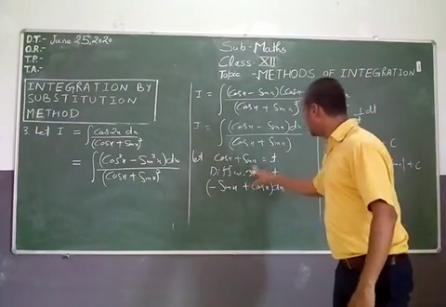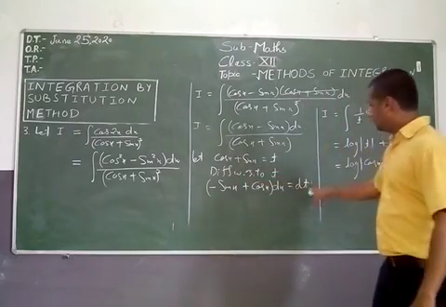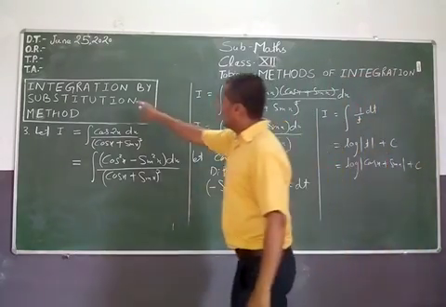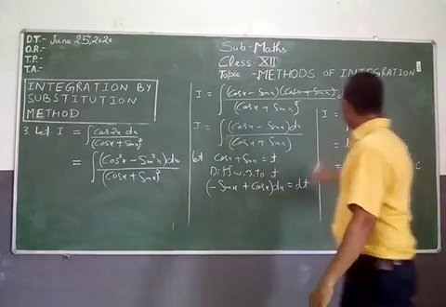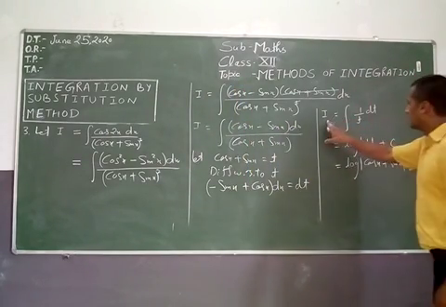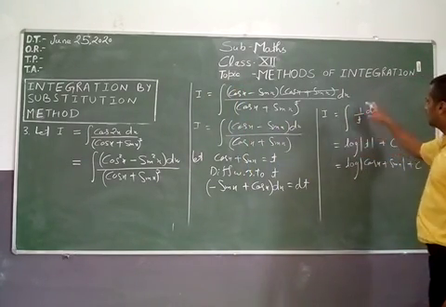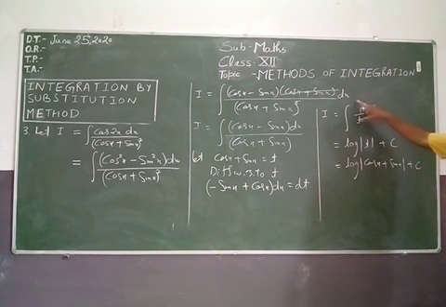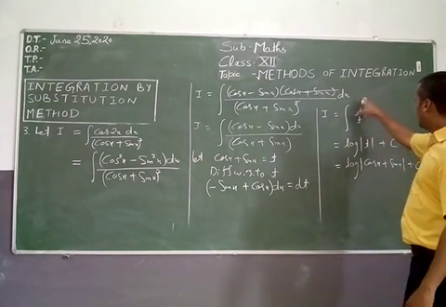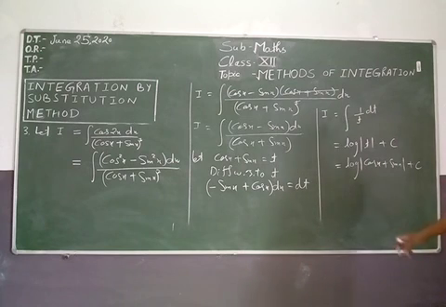With respect to t we can differentiate, because we are using here integration by substitution method. To find the integral, we can write here integration of 1 upon t into dt. We know that the integral of 1 upon t equal to log t. Here we can substitute the value of t. Now you can see the solution. This is very important question.